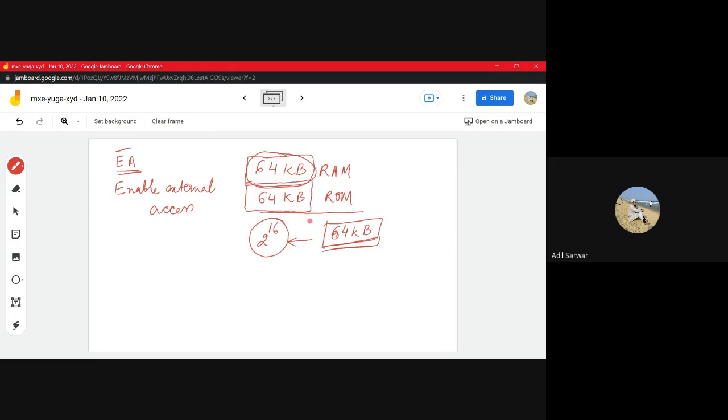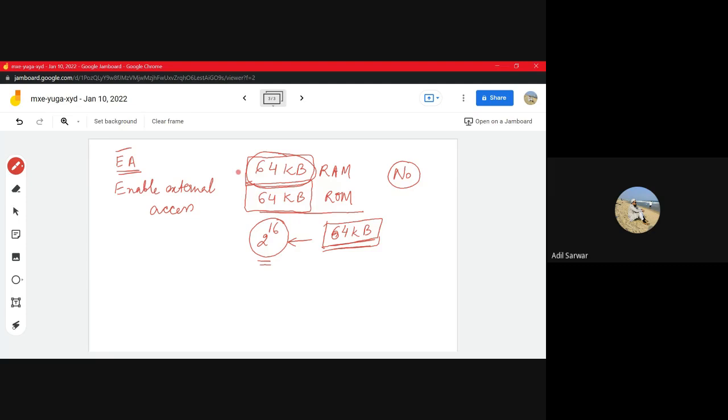Can I do it both at the same time? The obvious answer is no, because we have 2 to the power 16 address locations which can be accessed by 8051.